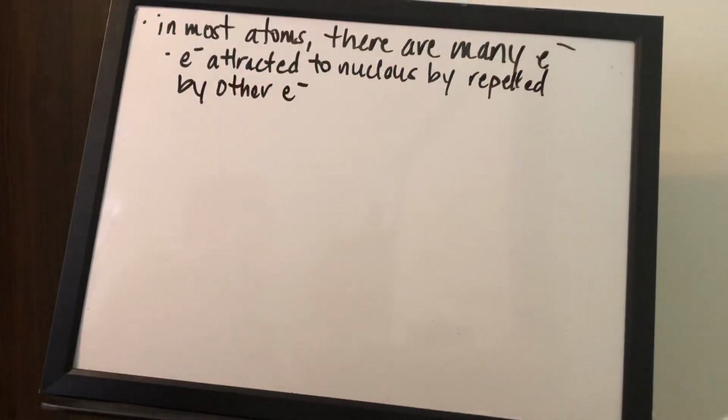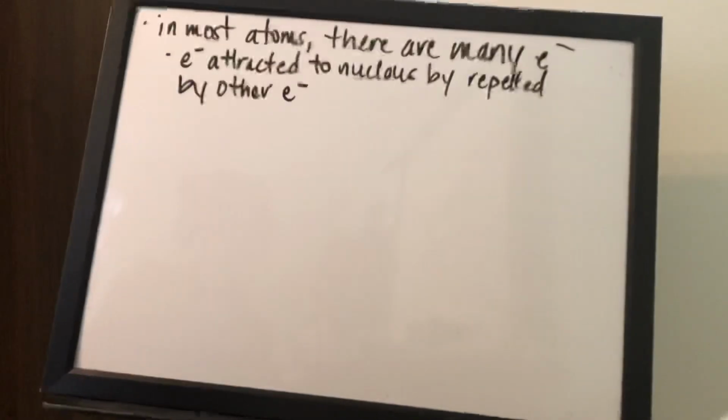So the question kind of is, well, how do we deal with that? If they're being attracted to the nucleus but also repelled by the other electrons, how do we go about factoring that into our discussion? So we kind of view this as like an average situation. We kind of merge the two together.